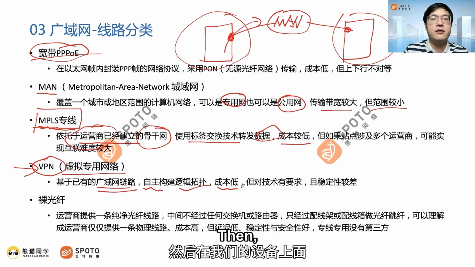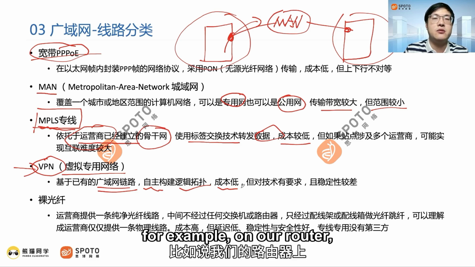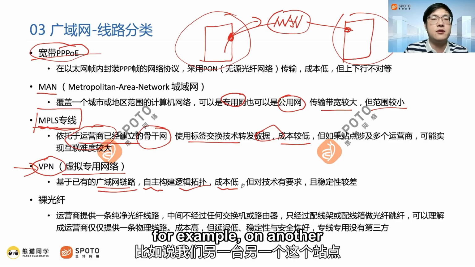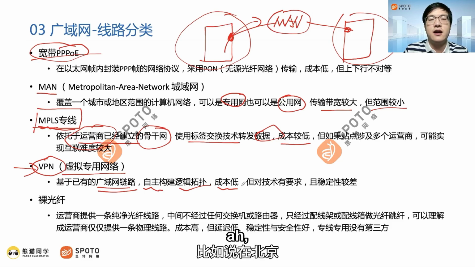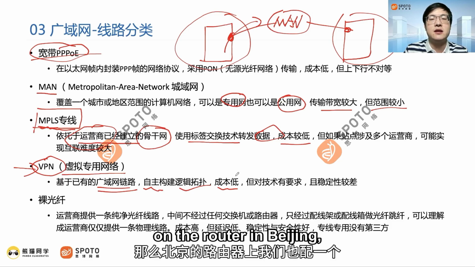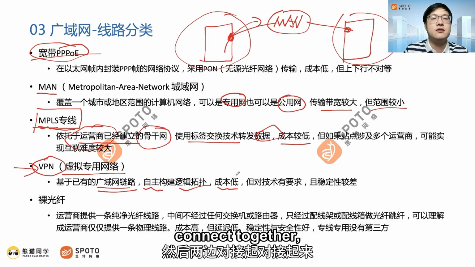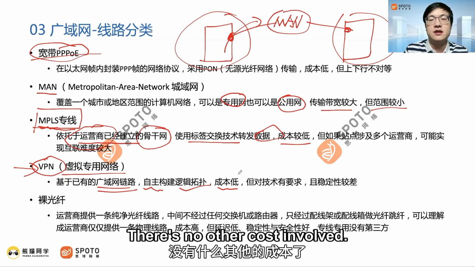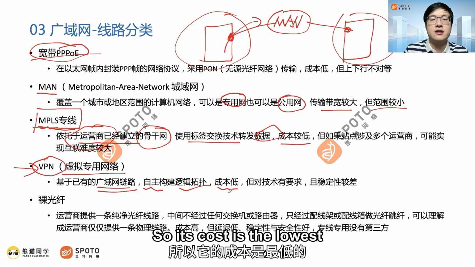Then, on our devices, for example, we configure it, and on the peer side, for example on another site, say on the router in Beijing, we also configure it. Then the two sites connect together, and the VPN is up. There's no other cost involved, so its cost is the lowest.